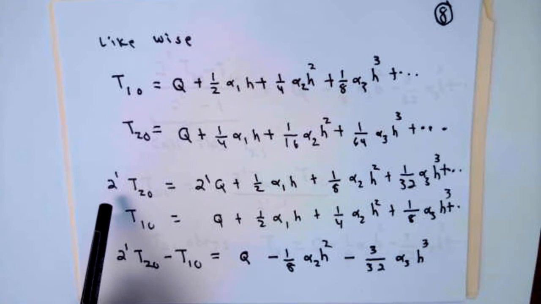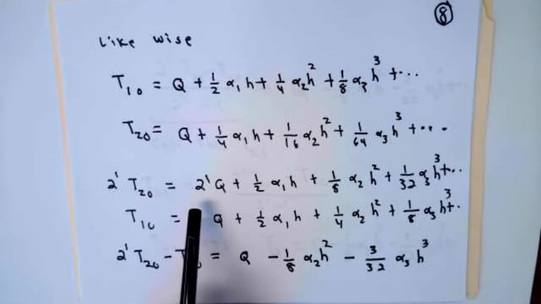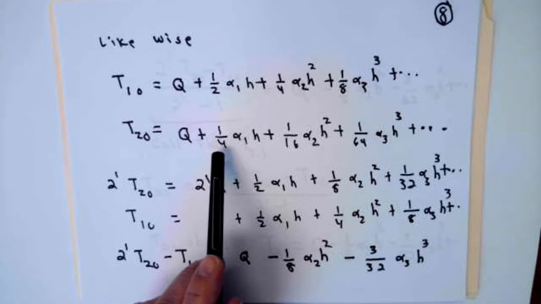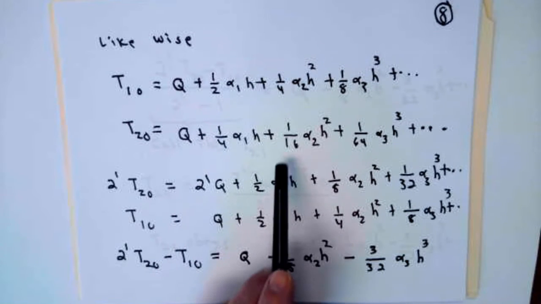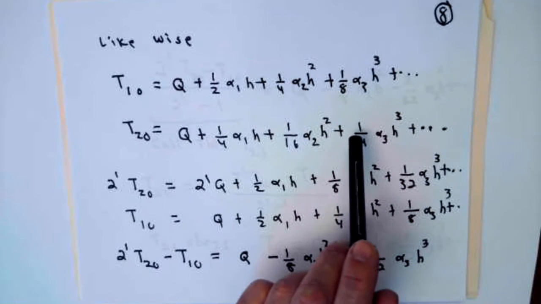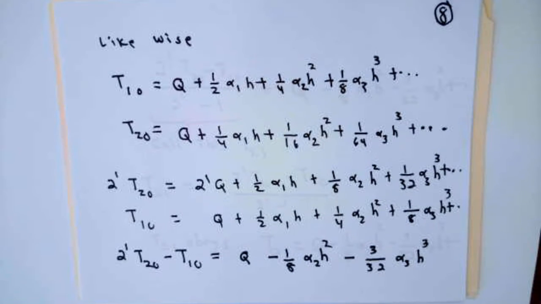So calculate 2 to the 1 power times T20, which is 2 to the 1 power times the true value plus twice times a fourth is a half, twice times 1/16 is 1/8, twice 1 over 64 is 1 over 32, and we can write this expression out.